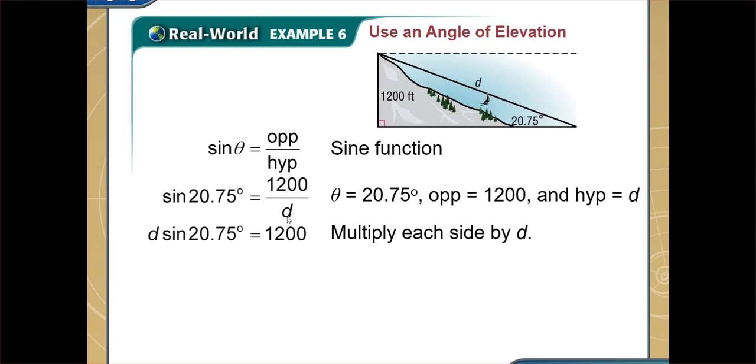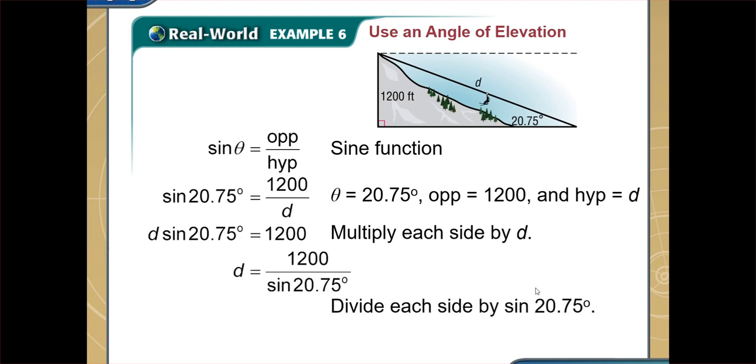To solve for d, the first thing we have to do is multiply both sides of the equation by d. Now you end up with d times sine of 20.75 degrees equals 1,200, but it's still not isolating the variable d yet.